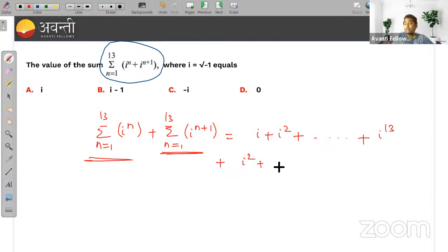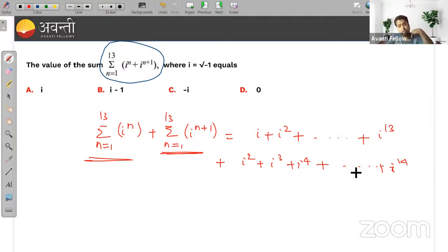Then if you put n equal to 2, I am getting I cube, plus I to the power 4, and so on. When you put n equal to 13, you will get I to the power 14. Right? So just before we proceed, we understand that the sum of 4 consecutive powers of iota always gives you 0.